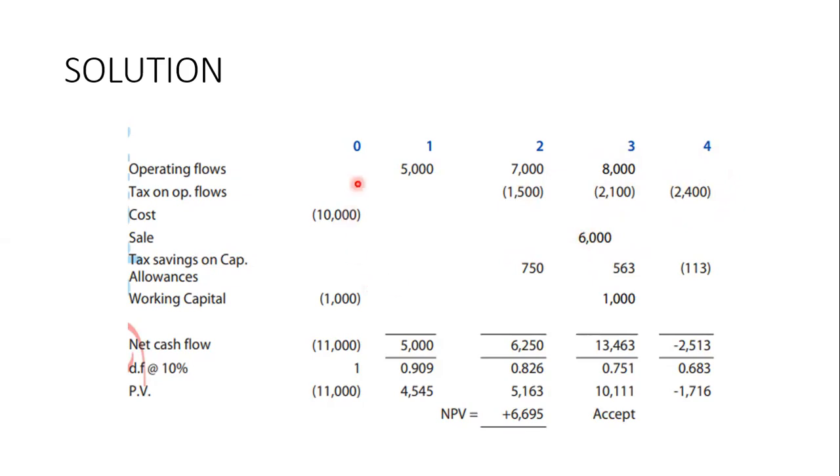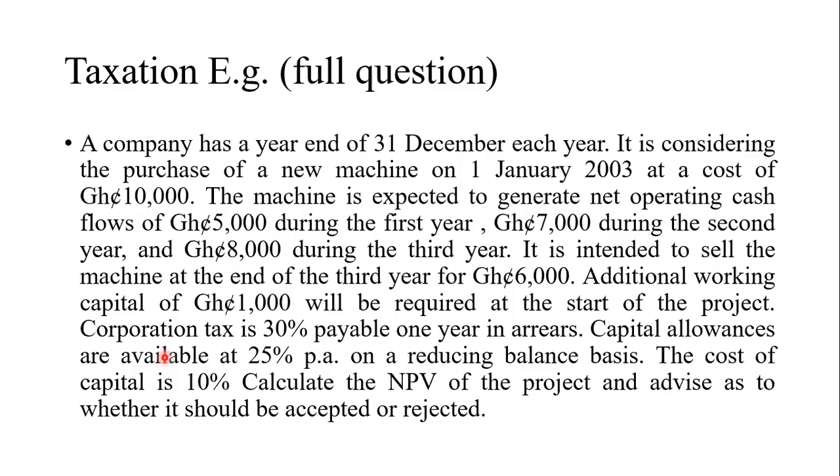And then the next thing we have to do is to compute our net cash flows for each of the years. Once we are done with the net cash flows, we apply our discount factor. The discount factor is 10%, which is given in the question, the cost of capital.